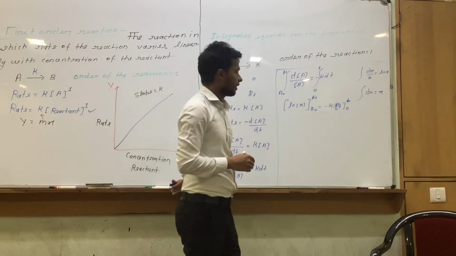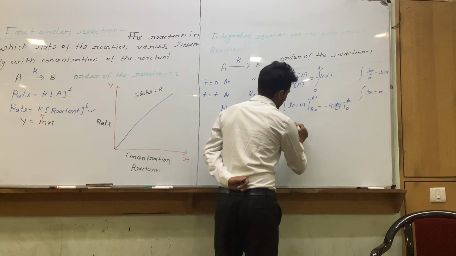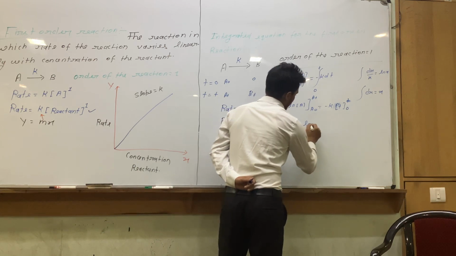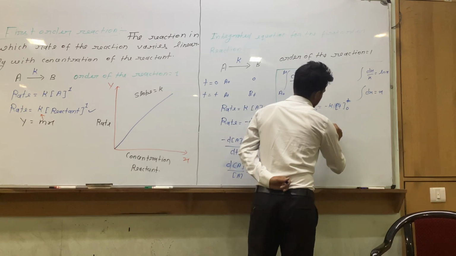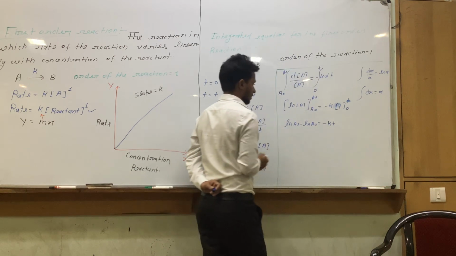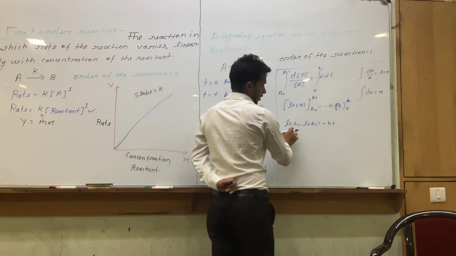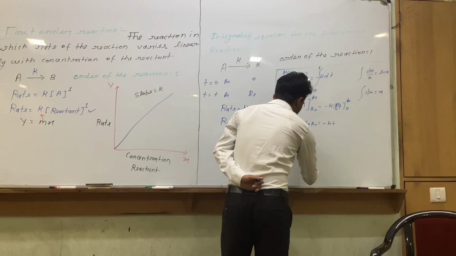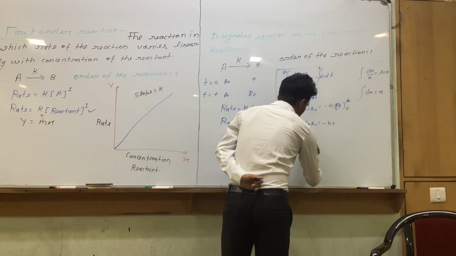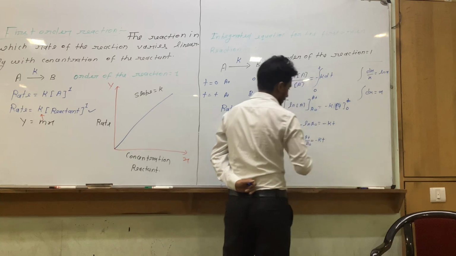Now I am putting in the integration values: ln At minus ln A naught is equal to minus kt. So we can write ln At upon A naught is equal to minus kt.